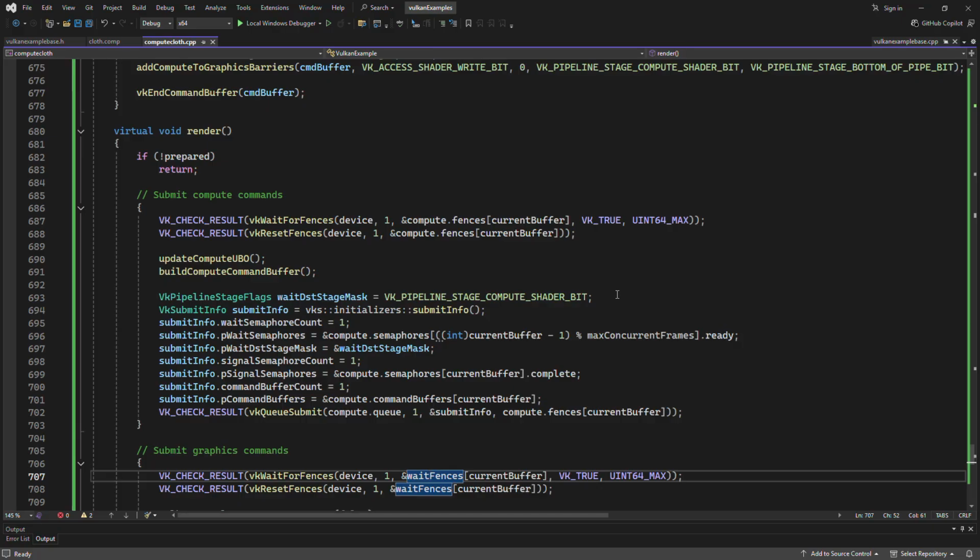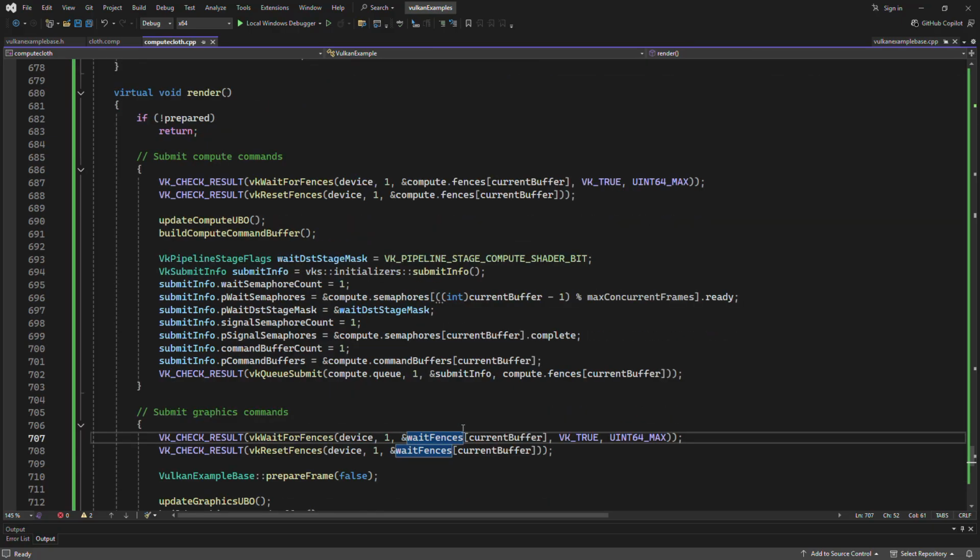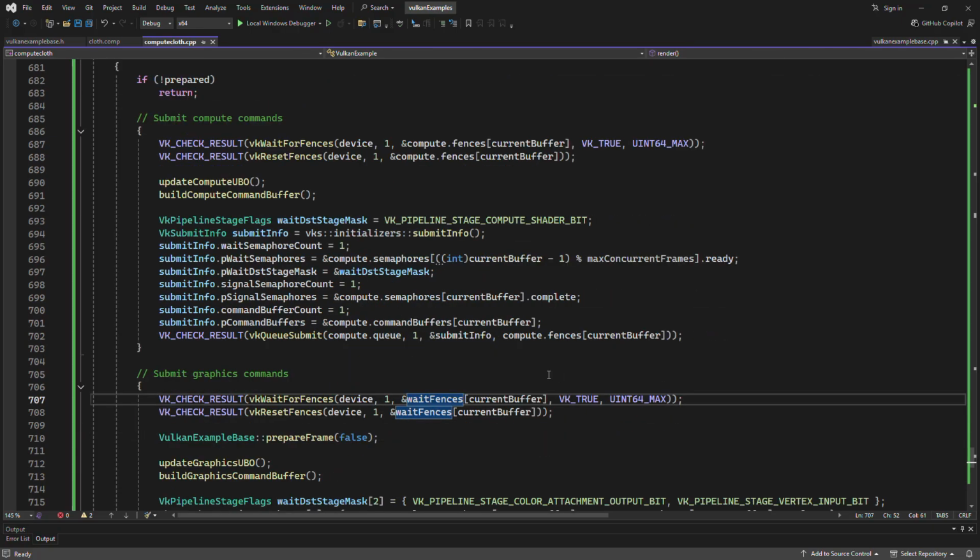So it complicates matters. And we need different fences for different processes. Not necessarily in this case, but in other cases, you might have compute and graphics working in parallel simultaneously. It doesn't happen here, but it could happen in other situations, right?